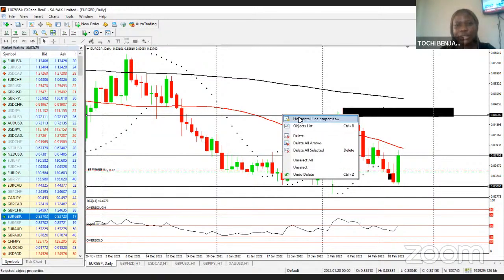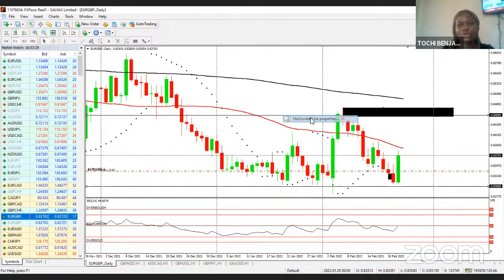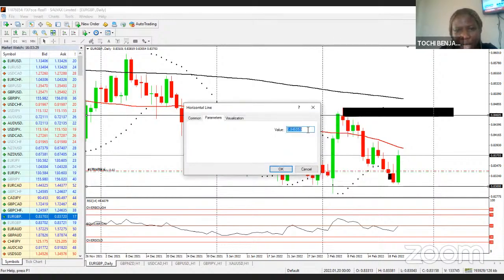Click on horizontal line properties, and you can see this is 0.84600, and that last digit is the pipette. So this is like 60 pips above 84,000.